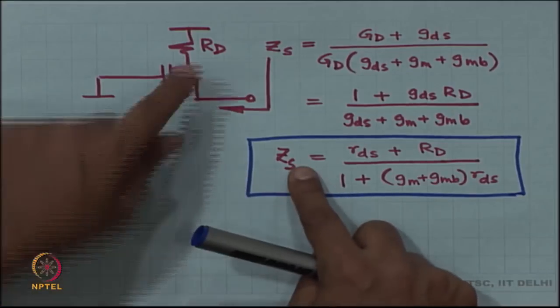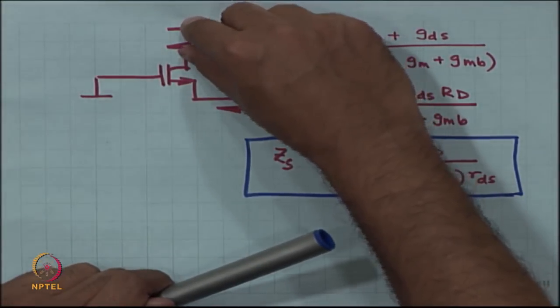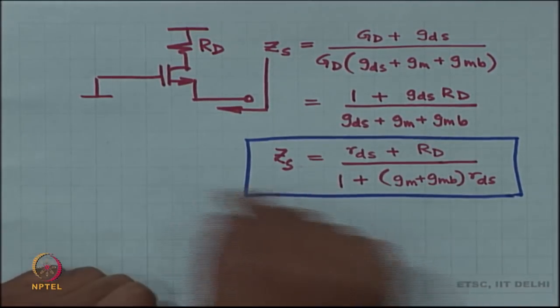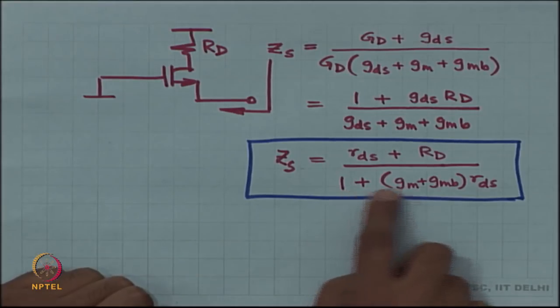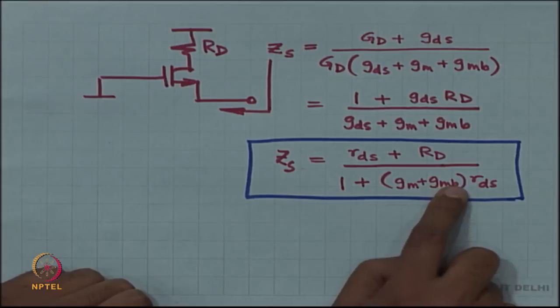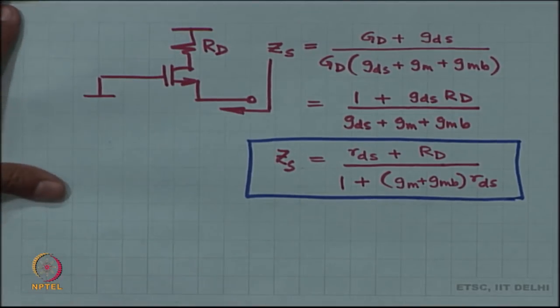The impedance is the sum of RDS and RD divided by 1 plus the intrinsic gain of the MOSFET. 1 plus the intrinsic gain of the MOSFET is GM plus GMB times RDS in this case, okay, because the source is moving around. So, therefore, GMB also comes into the picture.